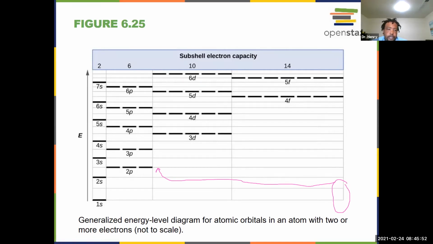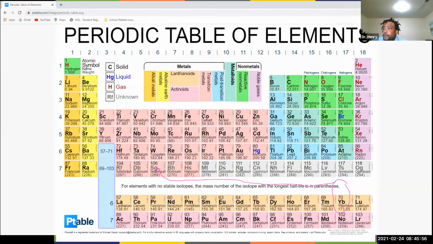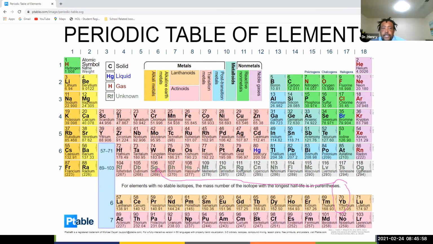So if we look at our periodic table, it follows that order. Okay?